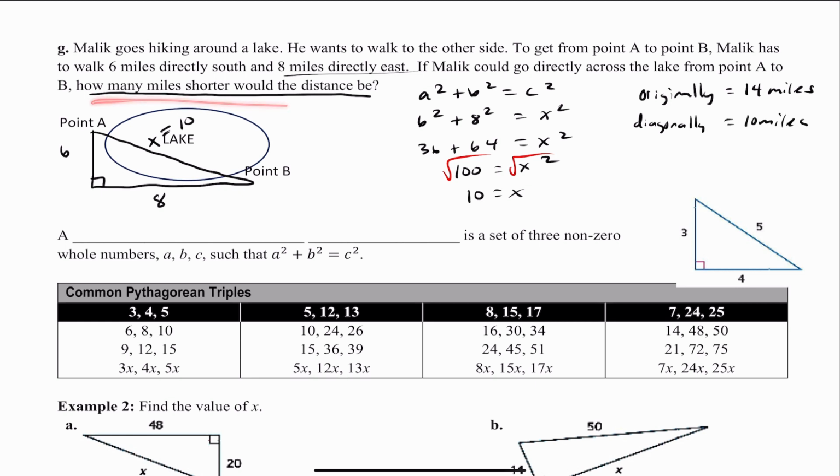So how many miles shorter would the distance be? It's just going to be 14 minus 10, which is just 4 miles shorter. This is your answer.